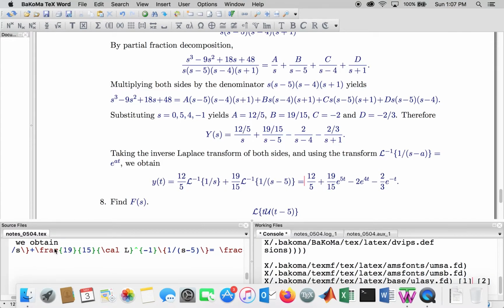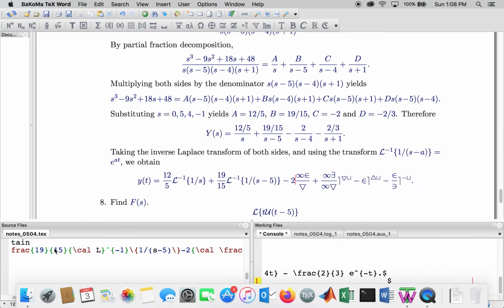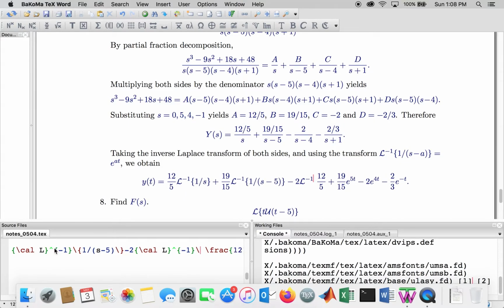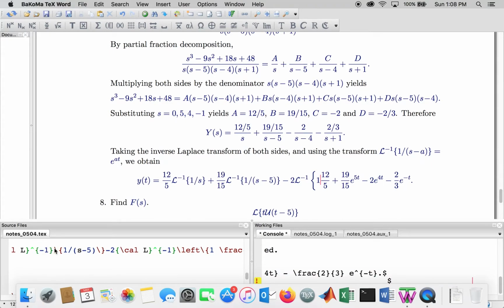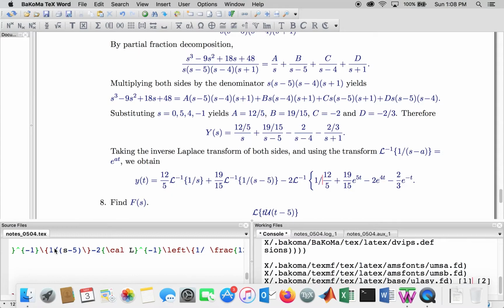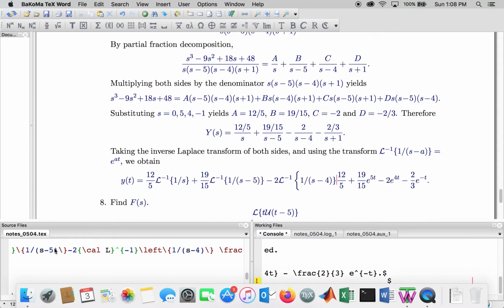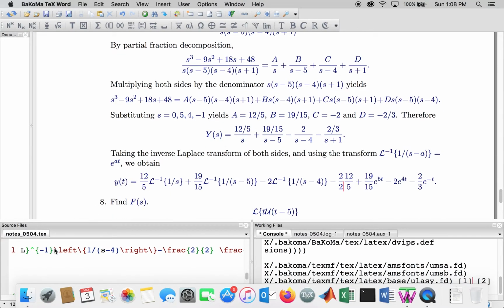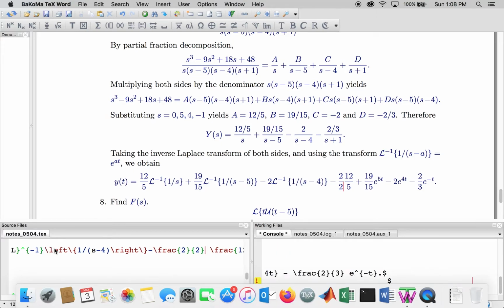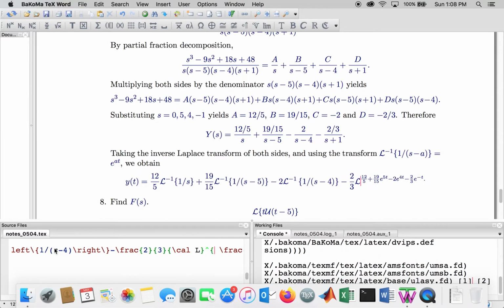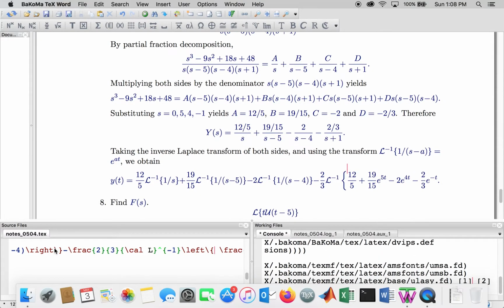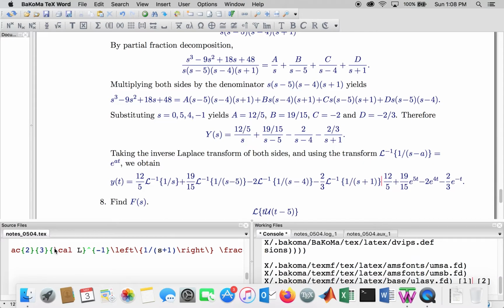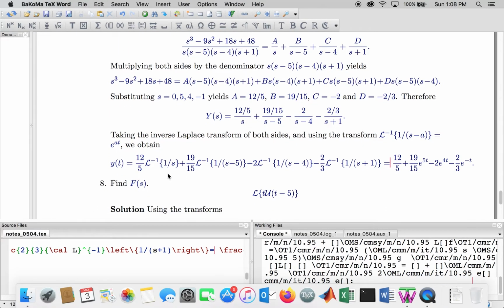I hope I have enough room for this. So this will be 2/3. Okay. Well, it went a little long, but it still fits on the page.